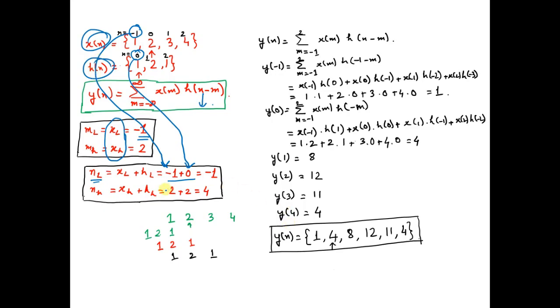So the lower limit would be the addition of the lowest n values of x of n and h of n. So -1 is the lowest time index value of x of n, and 0 is the lowest time index value of h of n. Similarly, for the upper limit, here we are having 2, here we are having 2. So 2 plus 2, 4.